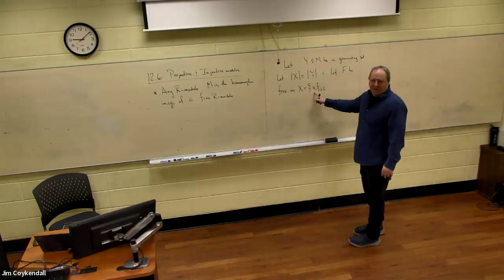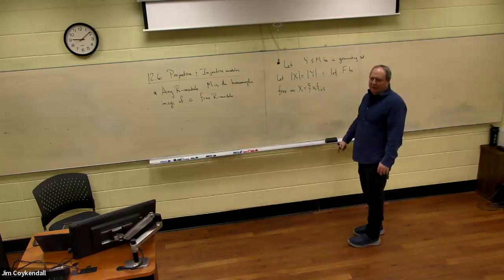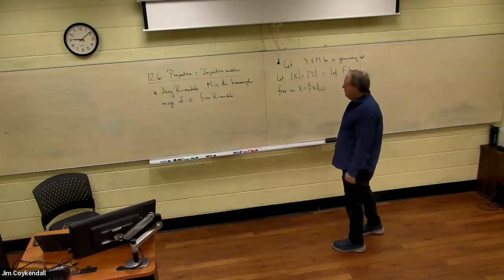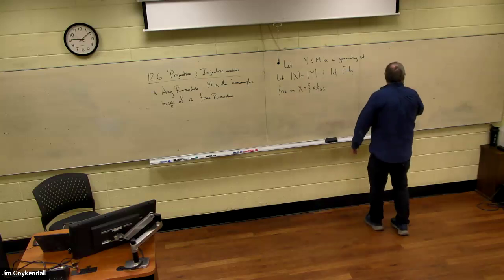Let F be free on the x_i. So I'm going to let these x_i be a basis of F. Remember, this is just an abstract set, so you can think of this in correspondence with some basis of the free module F. So here we've got our diagram.